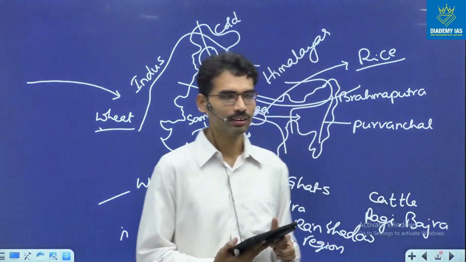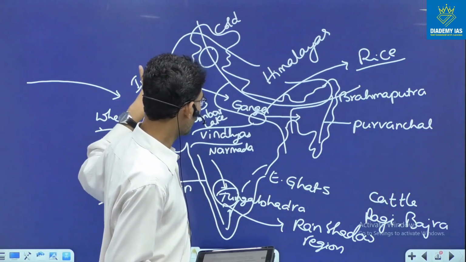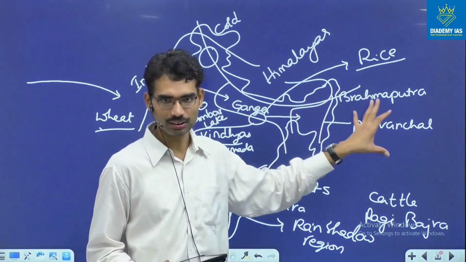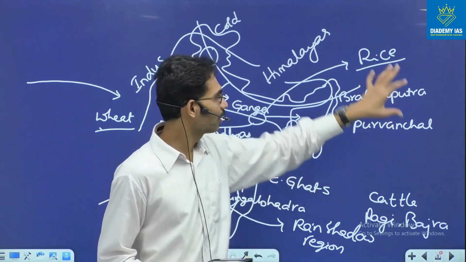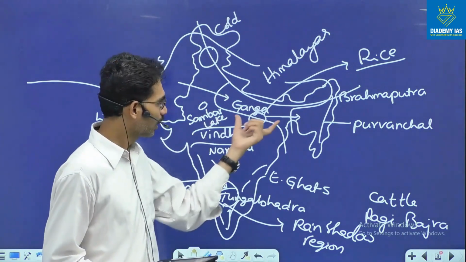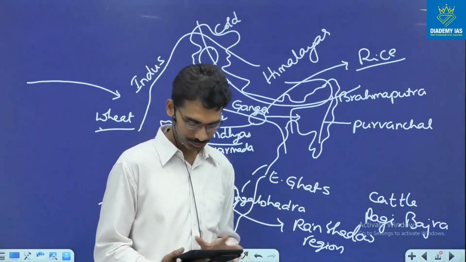Now you see, the question is asking for regional characteristics, and we have shown northwestern India, Gangetic Valley, South India, Northeast India, in the map also. As your evidence increases, you are going to fill in more and more evidence.